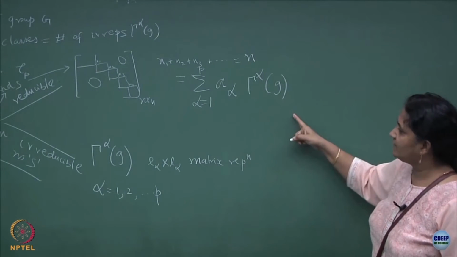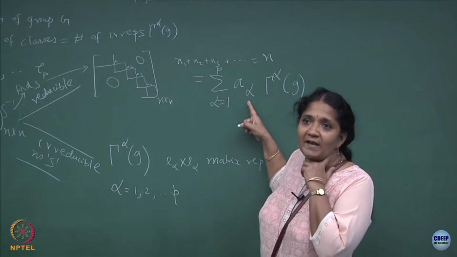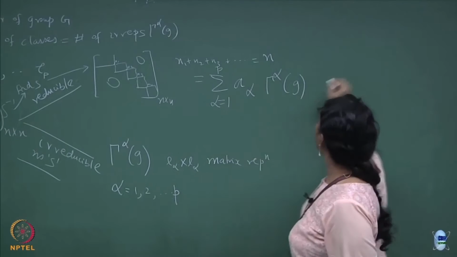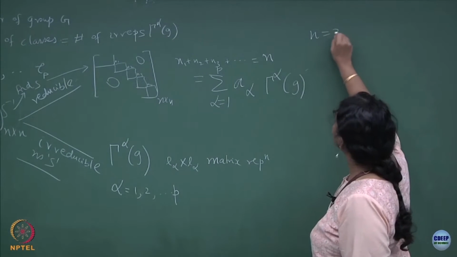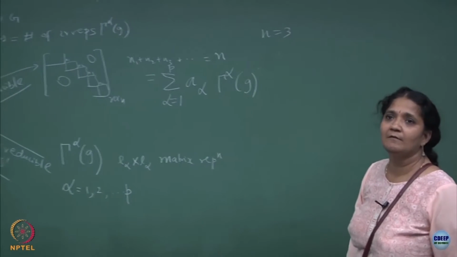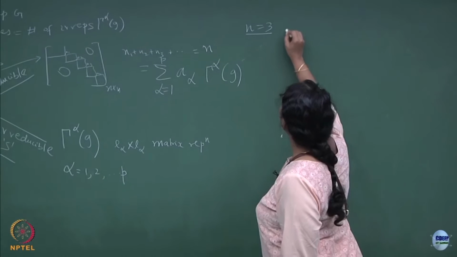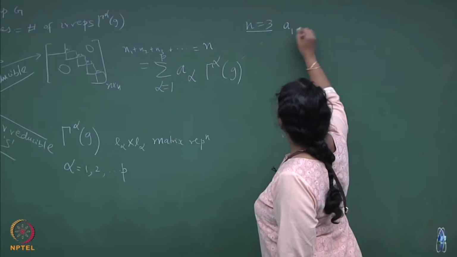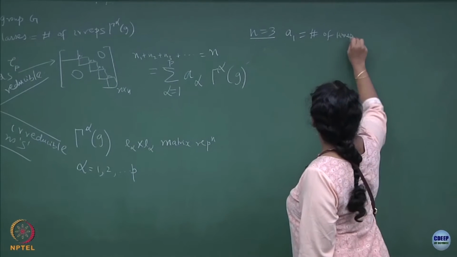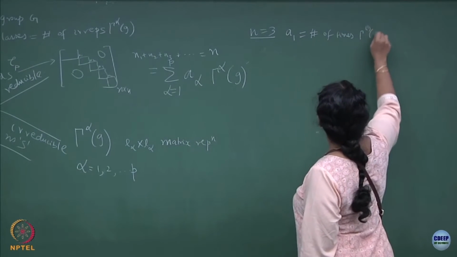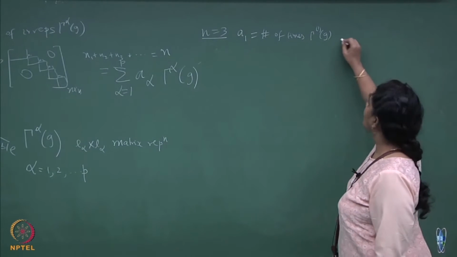The meaning is as follows. Let us look at n equal to 3. For example, let us say that A1 is the number of times gamma 1 of G, this is an irrep notation, occurs.